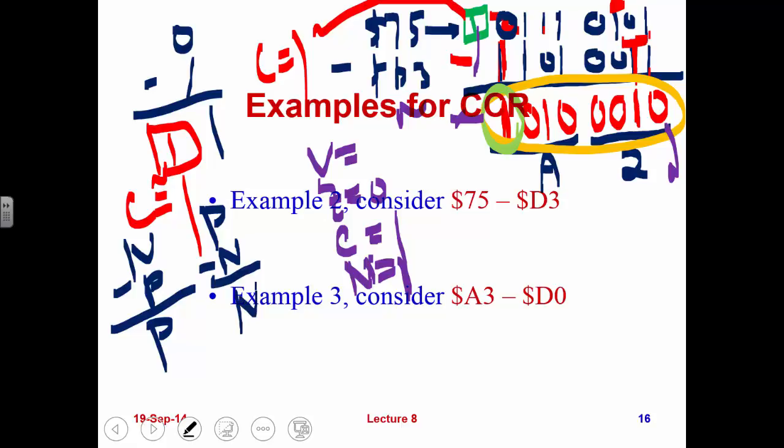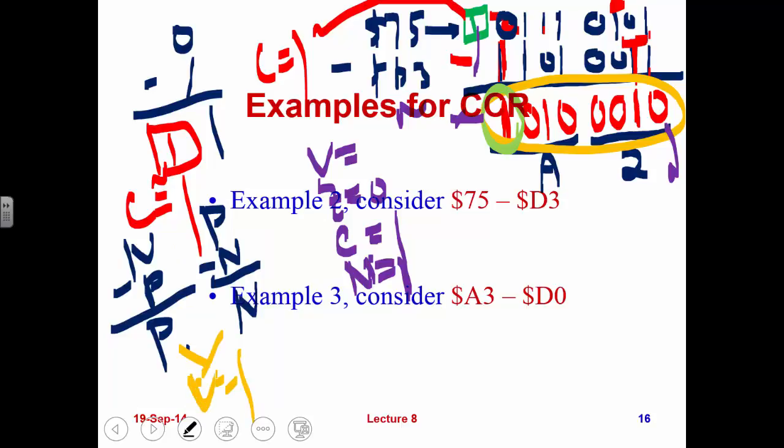Like subtracting negative 2 from 5, that's 5 minus negative 2, which equals 5 plus 2. It should be 7, positive. But if the result is negative, all these cases will cause V to be 1.